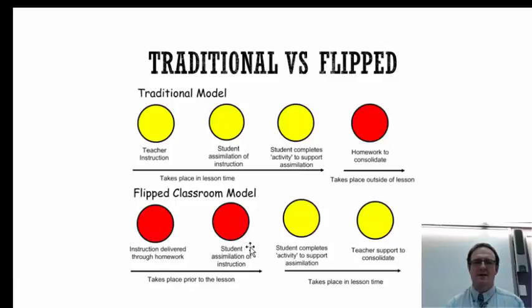Students assimilate that, so you might have a Google sheet that they fill out, or a Google form with a quiz, or something they have to write into their books, or use something like the Cornell note-taking system, which I'll show you later.